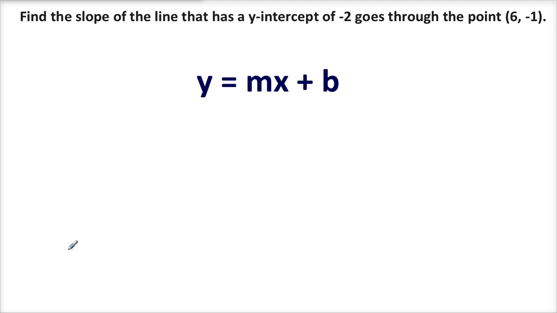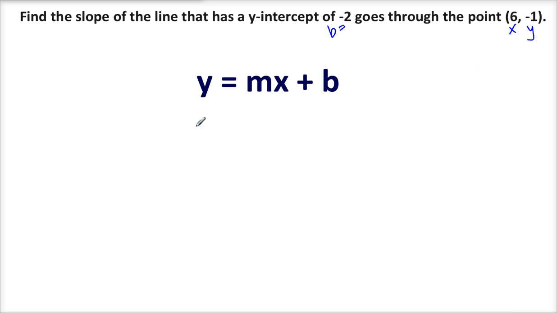Let's do another example. Find the slope of the line that has a y-intercept of negative 2 and goes through the point (6, negative 1). So once again, we're given the y-intercept is negative 2, so that's b. And I have a point (6, negative 1), which is my x and my y value.